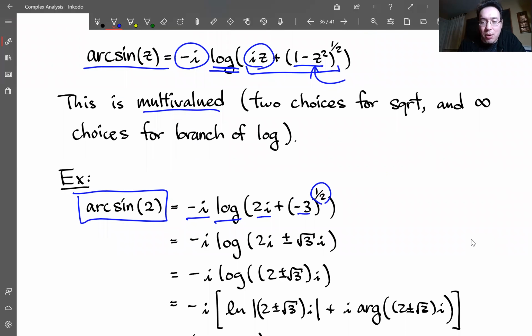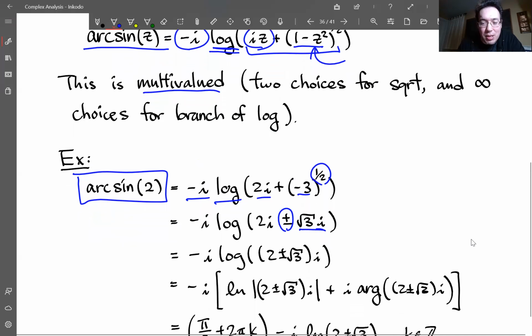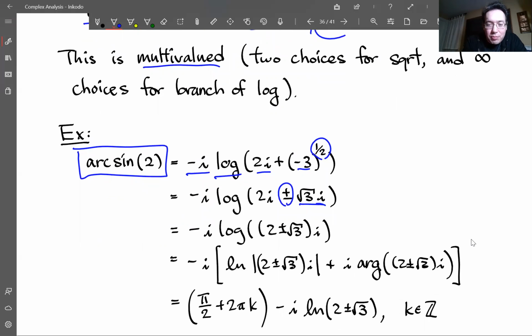So we get square root of 3 times i, plus or minus, because we have 2 branches, so we have to keep track of both. Inside of the log is purely imaginary, right? So you can factor out the i. We get (2 plus or minus square root of 3) times i.